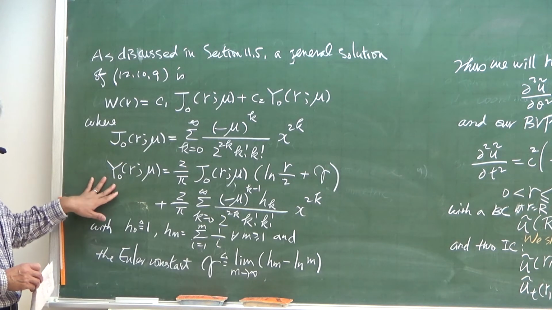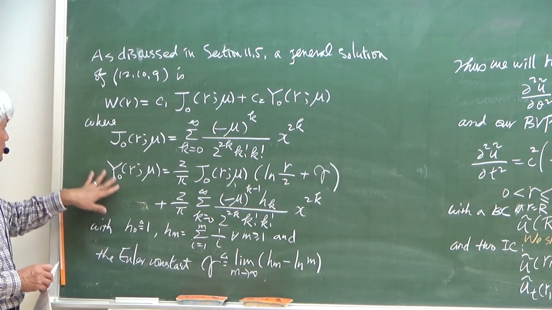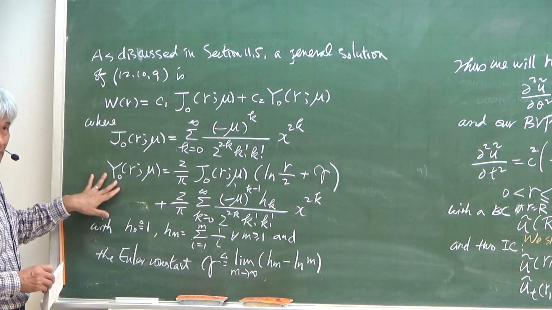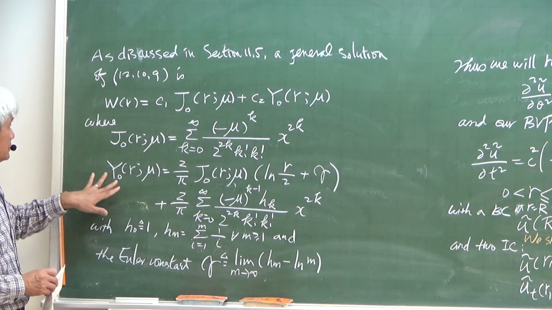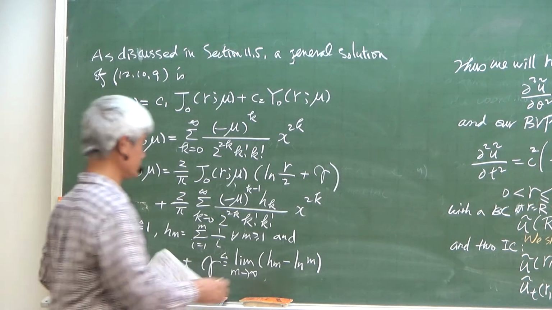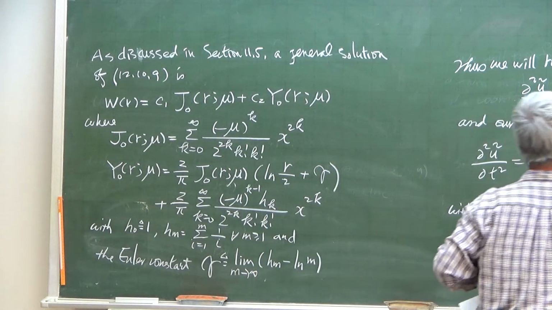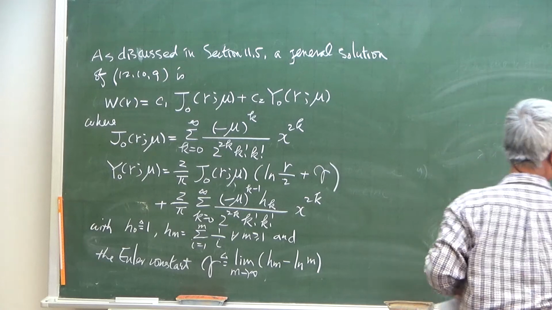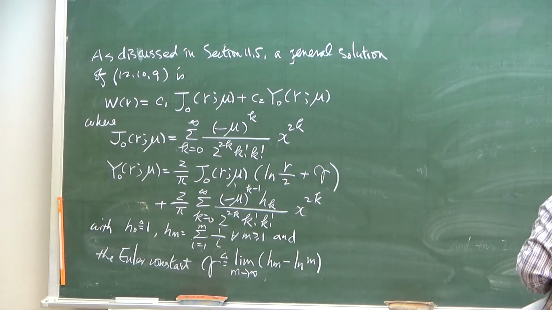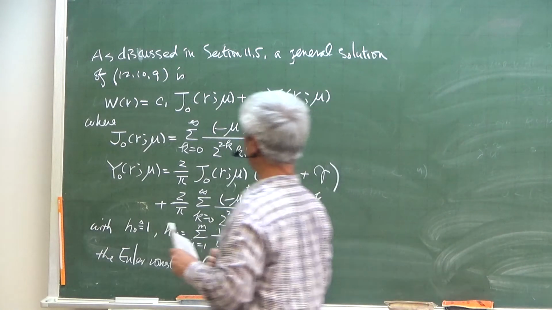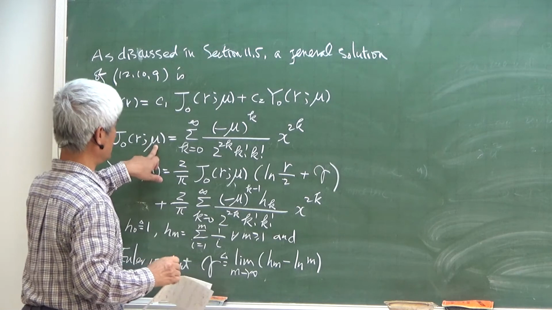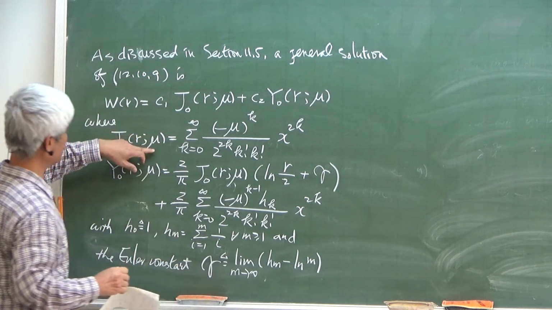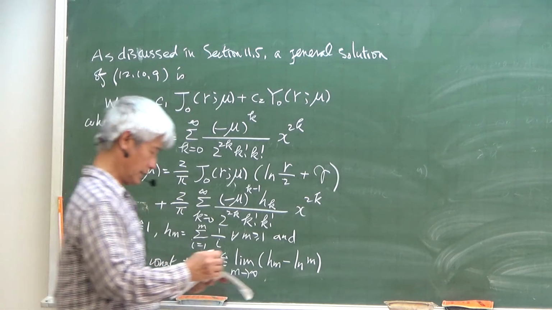And this is corresponding to the Bessel function of the second kind of order 0. For every eigenvalue mu here, we have a solution.